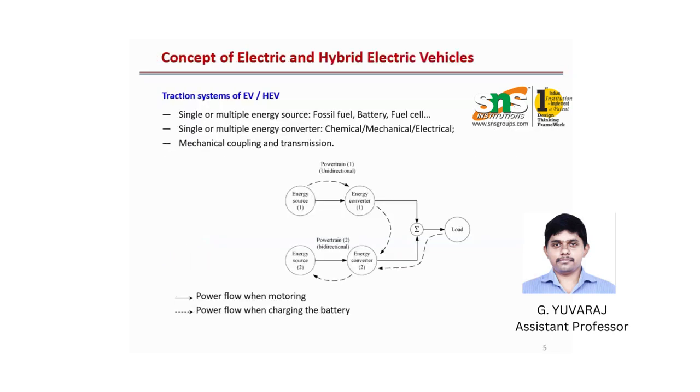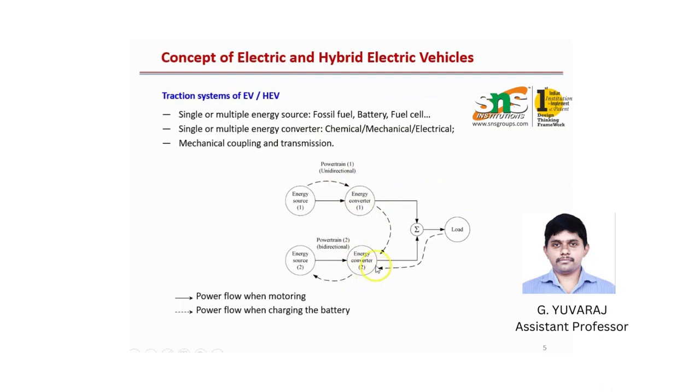So when we come across the electric vehicle, what are the basic components present? You can see on this screen, there is an energy source. There are different kinds of energy source: one is unidirectional, and the remaining energy source and the energy converter are bidirectional. The unidirectional and bidirectional allow the flow of power from the energy source, and it converts this signal to control all the components of the engine with the help of the energy converter.